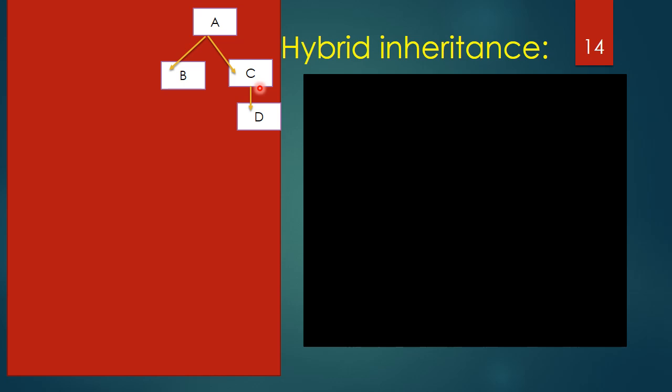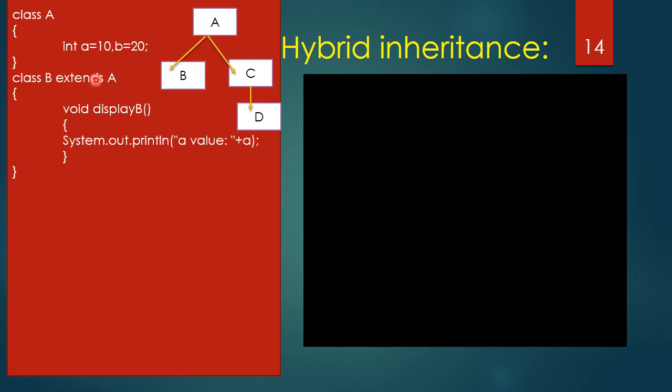First create the A class. Class A again contains the same data, a and b values 10 and 20. Next create a B class. B is the subclass of A. By using the extends keyword we can create a subclass. Class B extends A, a display B method is taken, and I am printing this A value. Here we have to concentrate on how the subclasses are getting created.